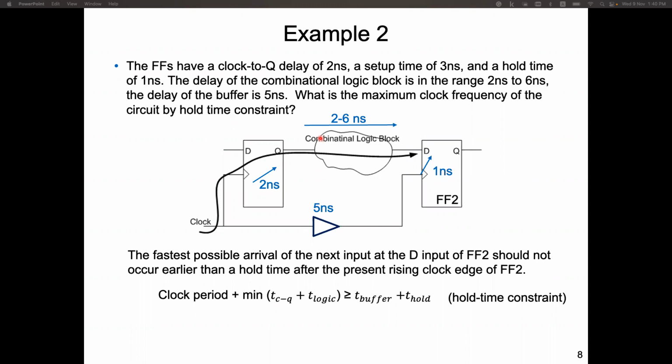Okay, let's consider the first edge. This is the first edge here. So the input D to clock 2 must have a value after a hold time.